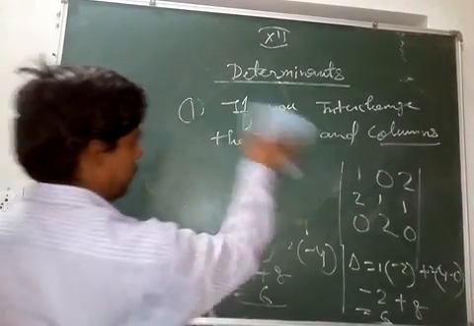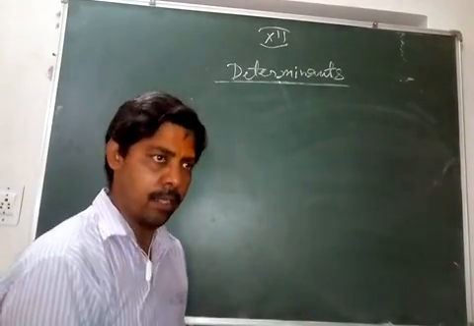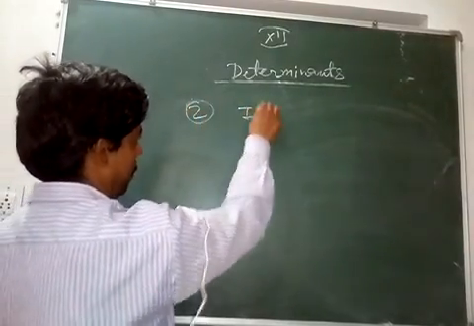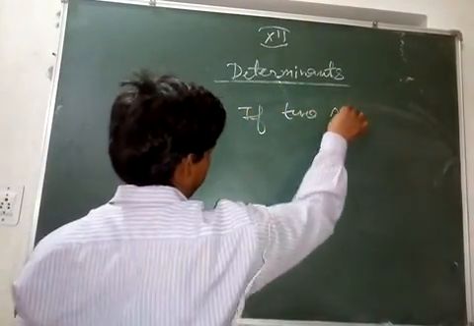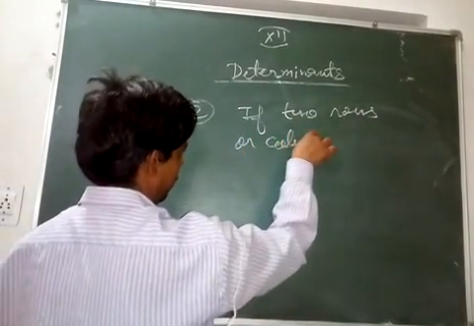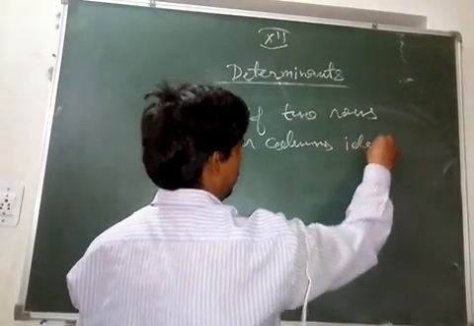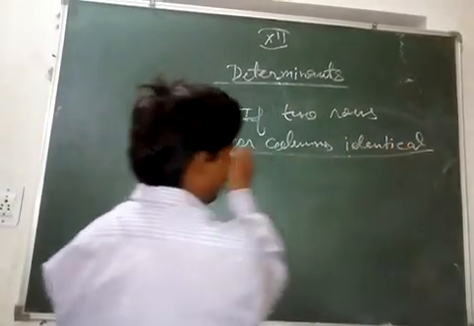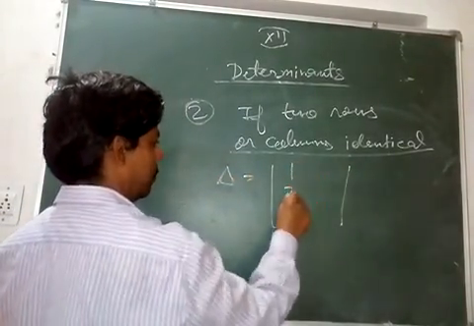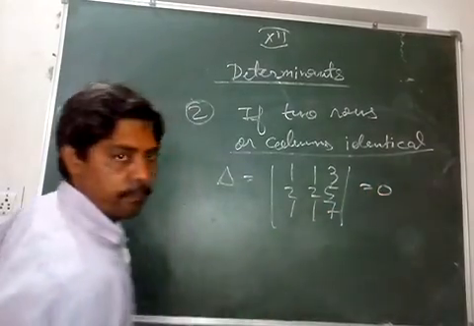The second one is, if two rows or two columns are identical, then the value of determinant is 0. That you have already seen. So suppose we have delta with 1 2 1 and here also 1 2 1, whatever is here, this is 0.